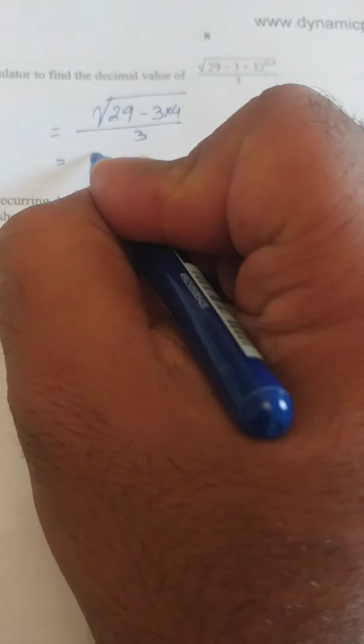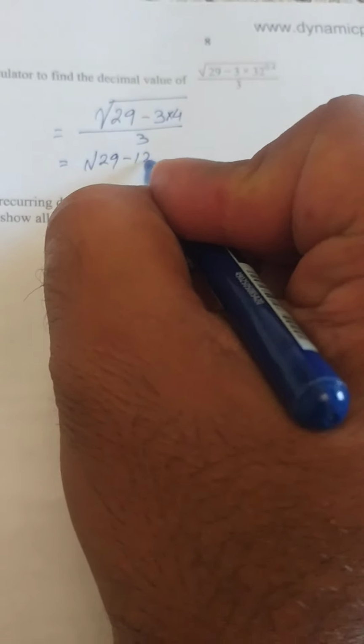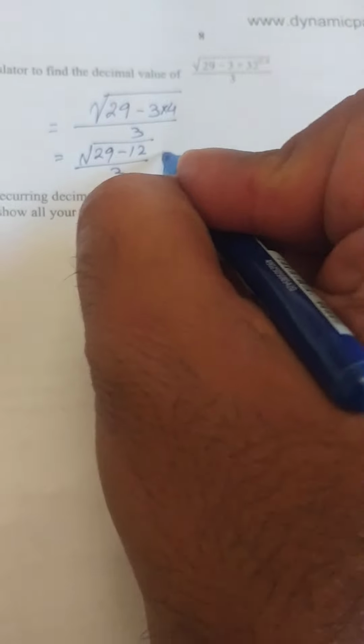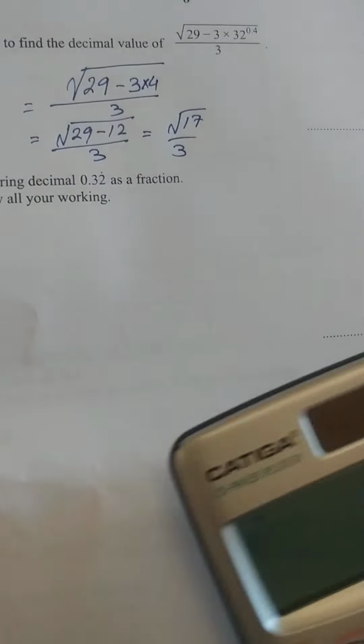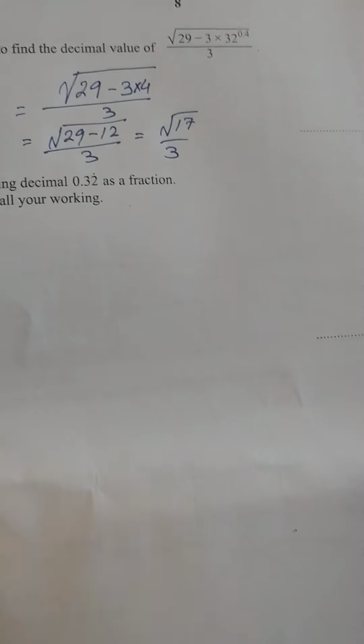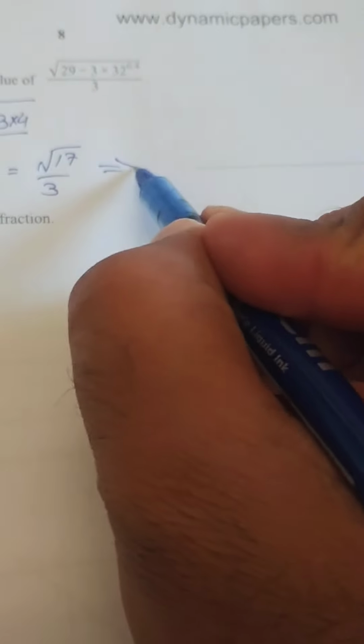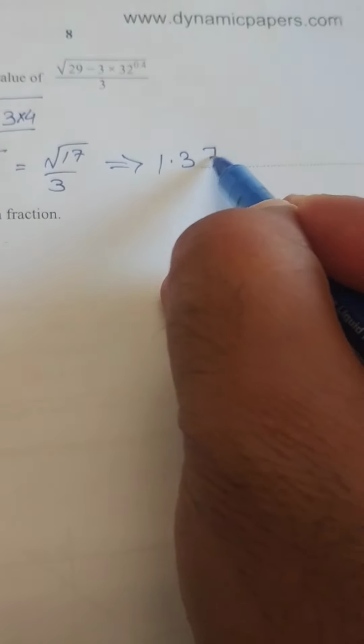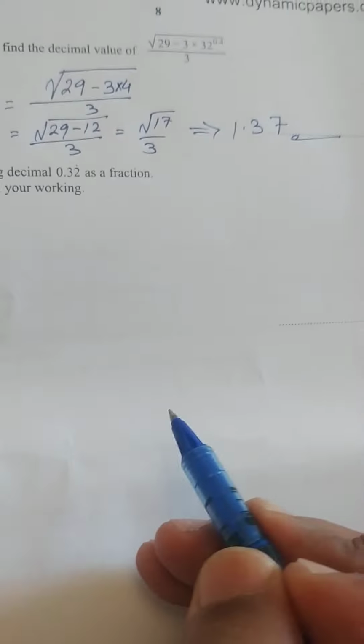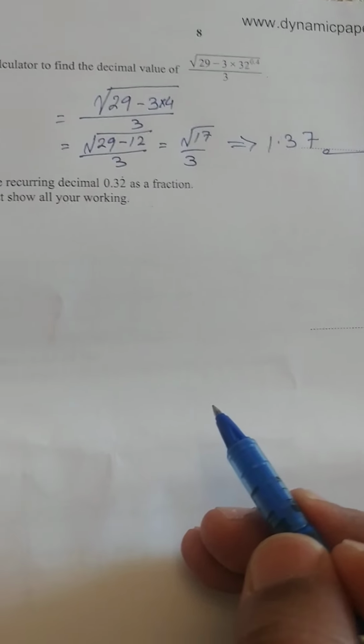So it goes 29 minus 12 over 3, that root 17 by 3, and finally by using the calculator again you will get 1.37. That is your final answer. I hope it's clear to you.